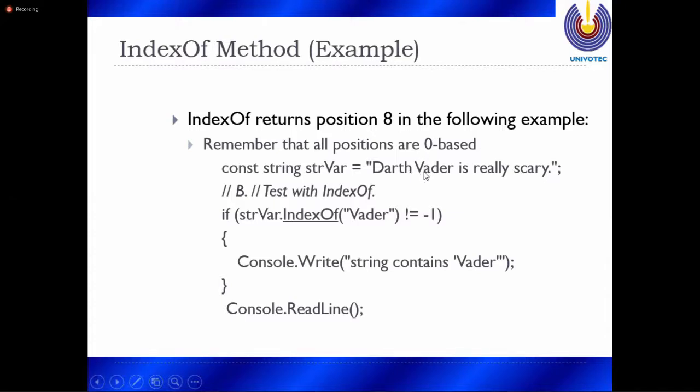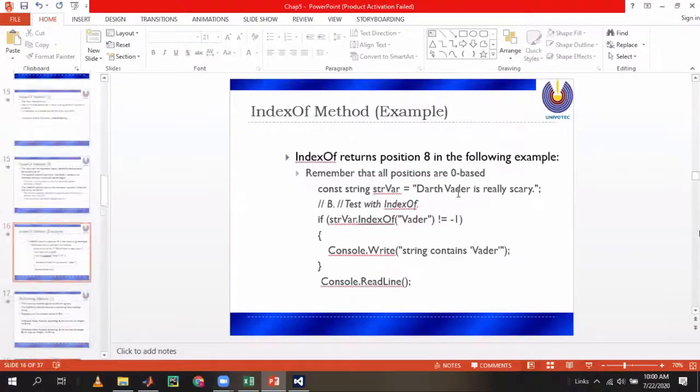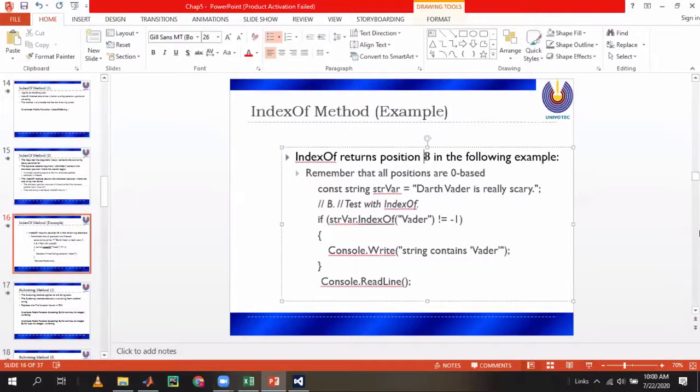It returns 6. I made a mistake: the position is 6, not 8, because 0, 1, 2, 3, 4, 5, 6. This is a 6.